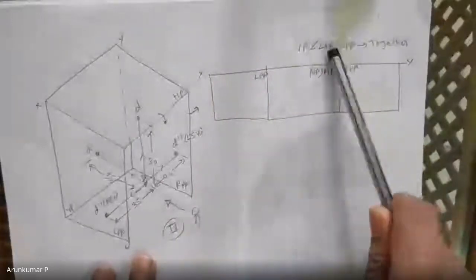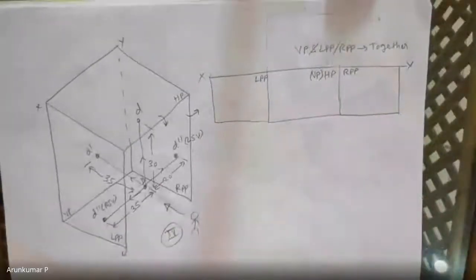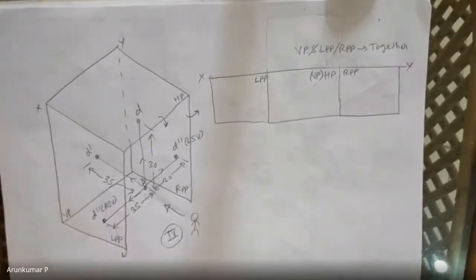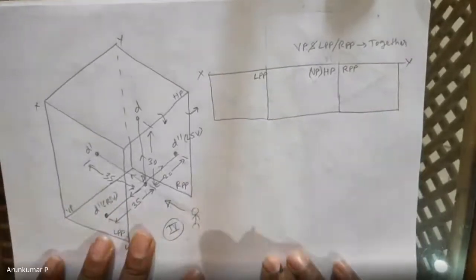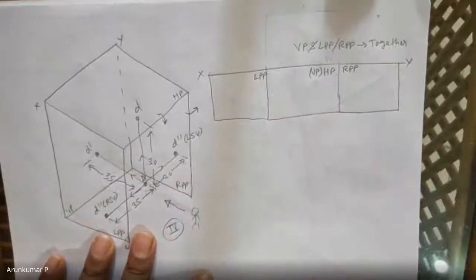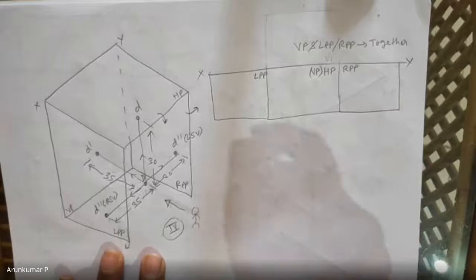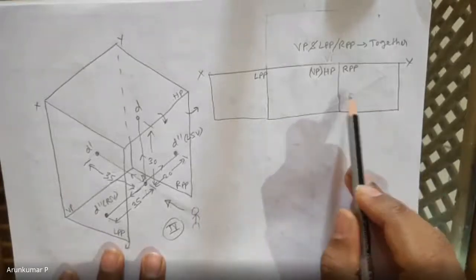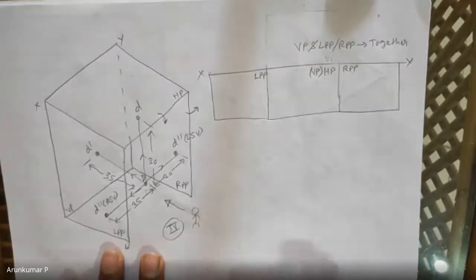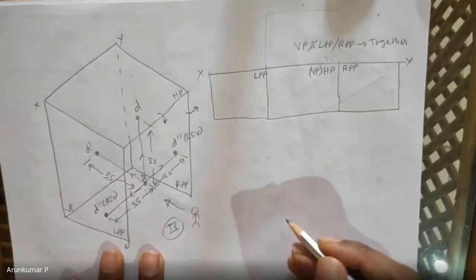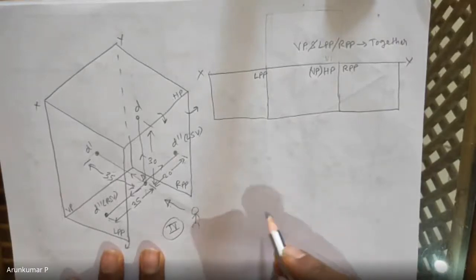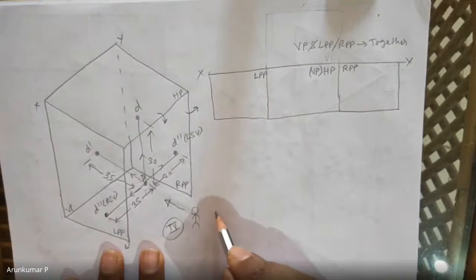This rule remains true. So please note this. Okay. So this is the arrangement of the planes. Now let us maybe draw it one by one. First we'll take RPP, VP and HP. Then we'll take LPP. Okay. So things will be easier, otherwise it will be complicated.